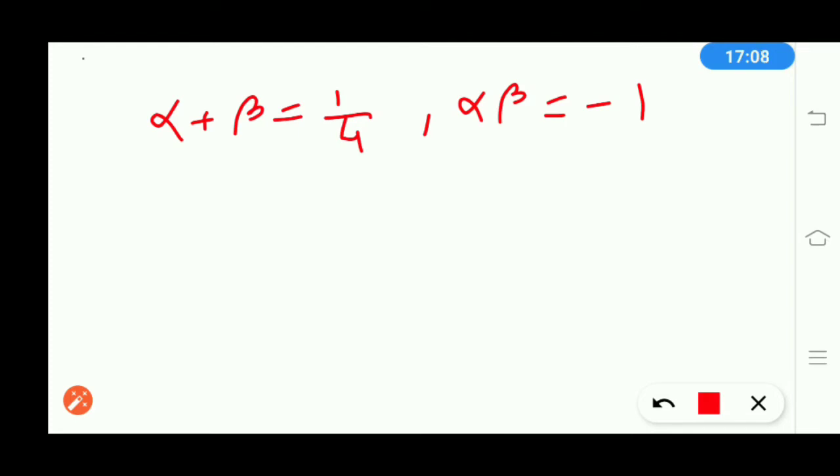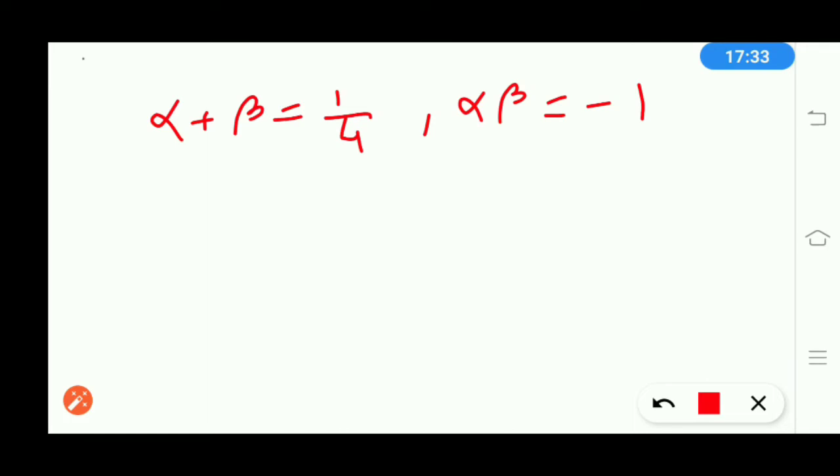Now we find the polynomial whose sum of the zeros is 1 by 4 and product of the zeros is minus 1. Clear? In the previous problem we found the zeros of the polynomial. After that we established the relationship between the zeros and the coefficients.